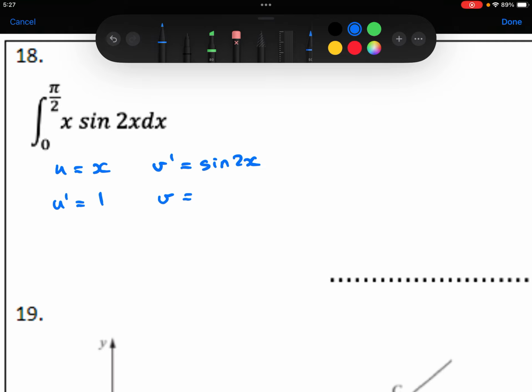Integrating the sine 2x, well, sine integrates to be minus cos. And I need to divide by 2 because of the reverse chain rule.